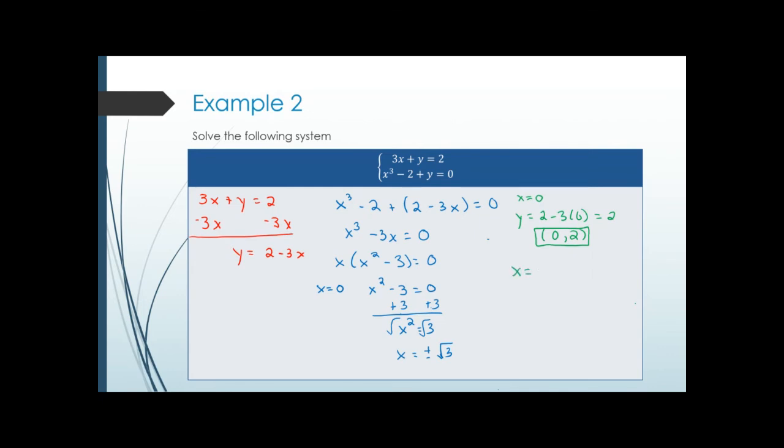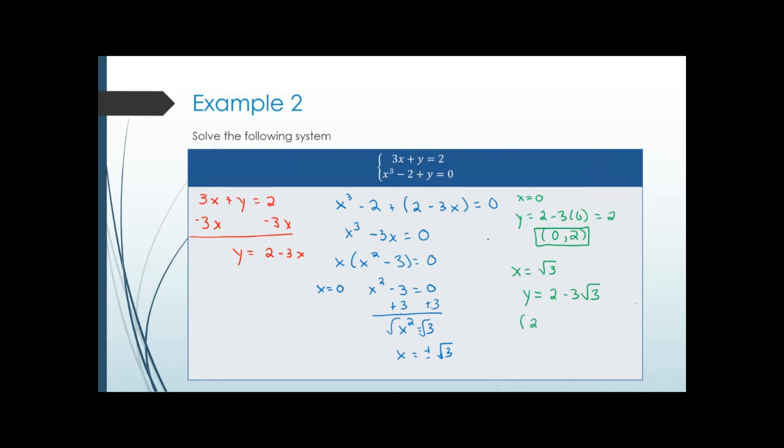Now I'm going to say, let's use the positive version of square root of 3. When I plug this in, I get y equals 2 minus 3 times x, and x is the square root of 3. We could just leave it like that because if you take the square root, it's going to get nasty, and they're not really like terms.